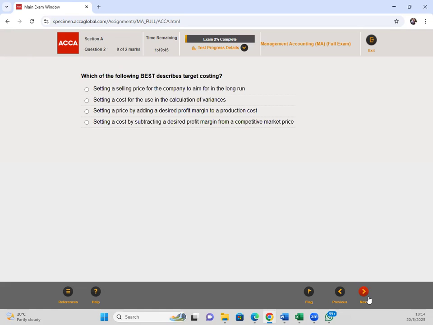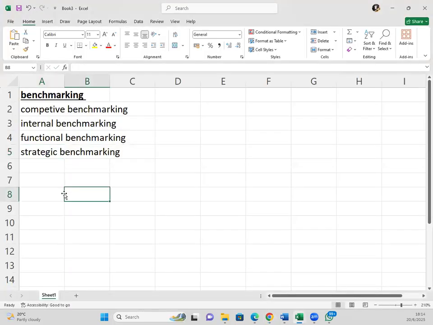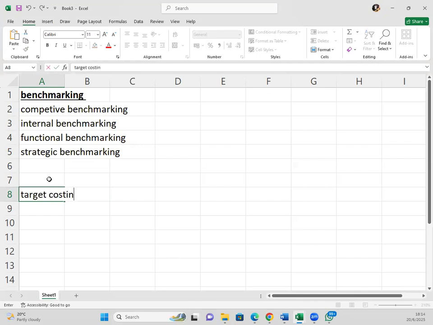Which of the following best describes what you call target costing? So let me quickly summarize what happens in target costing. In target costing, the organization wants to introduce a product in a new market.